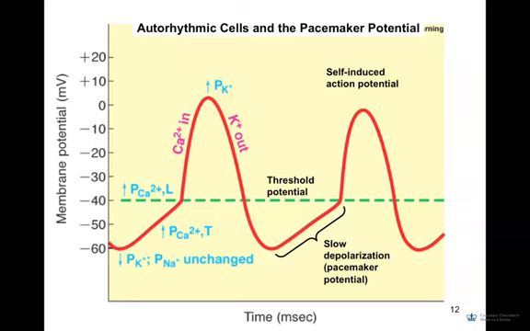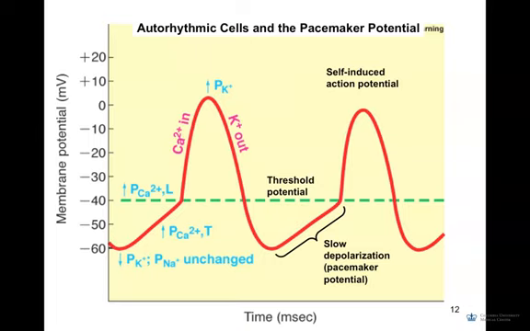But this autorhythmic cell has leak or passive channels that allow sodium to move into the cell. Okay? And the cells that we've studied before tend to be actually very impermeable to sodium at rest.